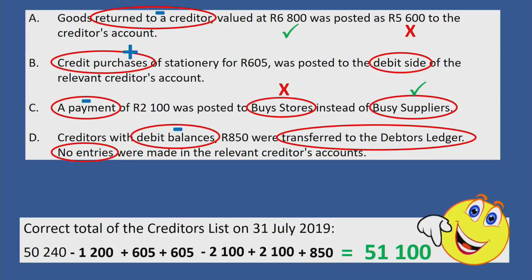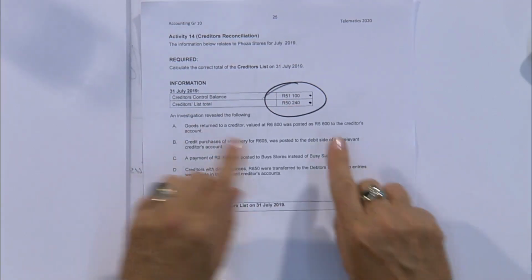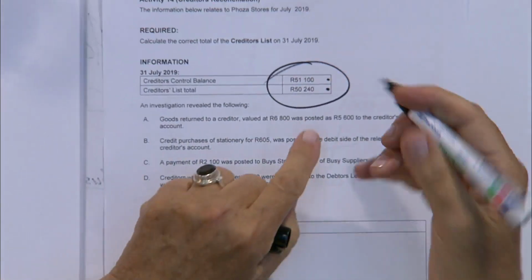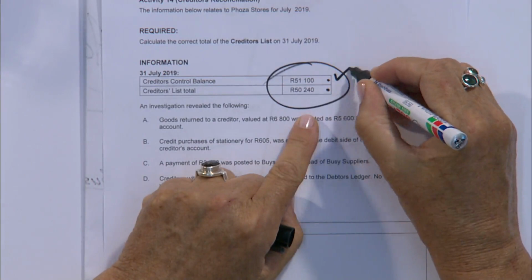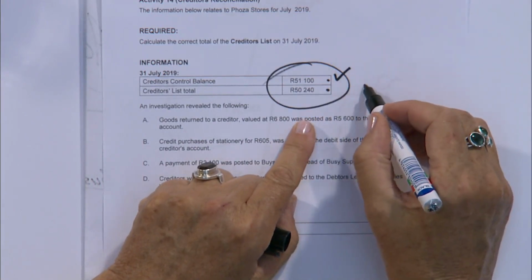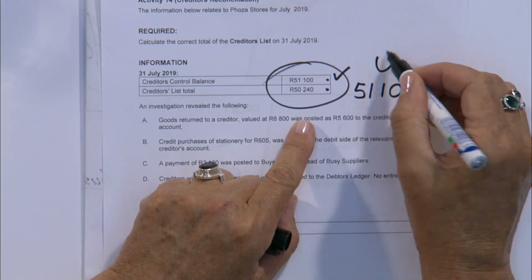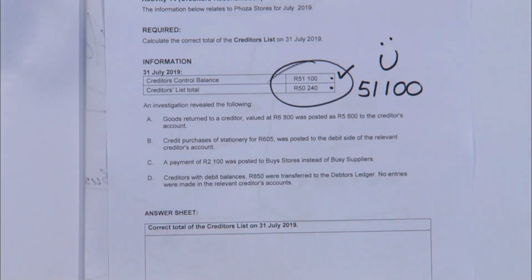If you calculate that, you will get 51,100. And if you go back to the start of the question on your question paper, we said that, I know it's small, that is the correct one, and we now have our list also as 51,100, so that's why we are smiling.